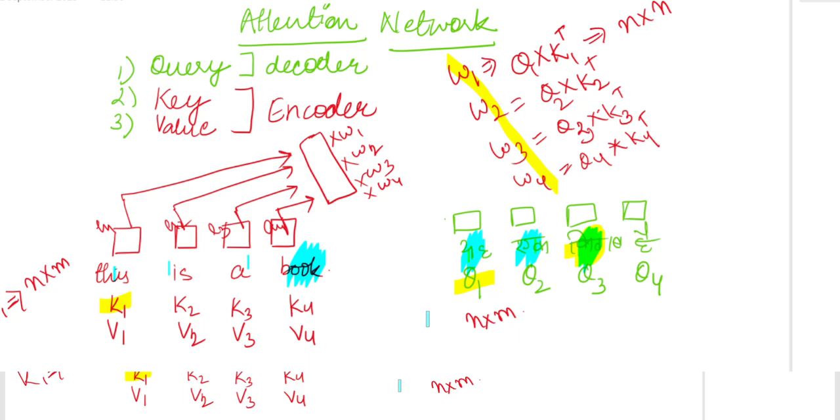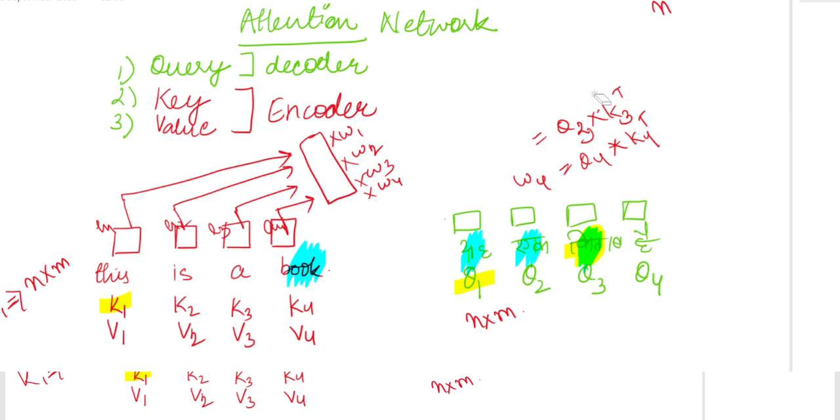So what we do here is we take the softmax function of W1, W2, W3, and W4. And W1, W2, W3, and W4 are nothing but the distance between query and key. Think about it: if two numbers are the same and they are multiplied, then their weight would be higher.